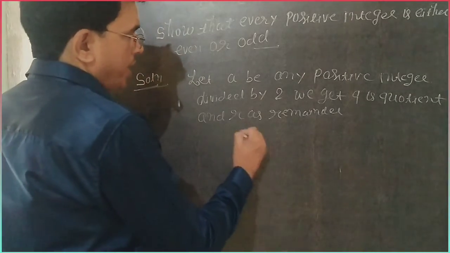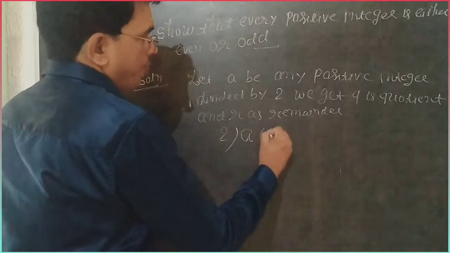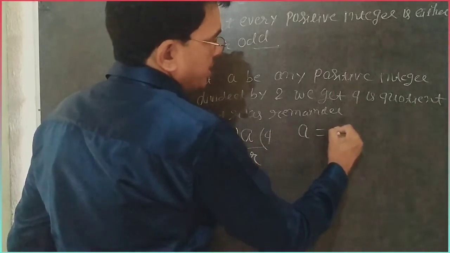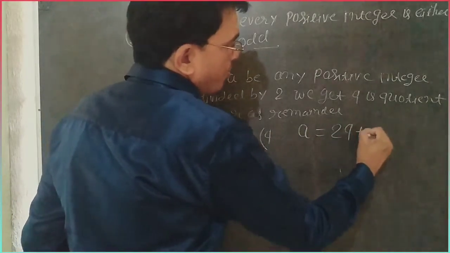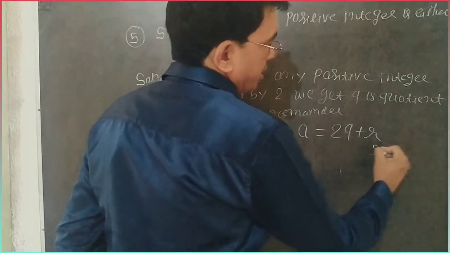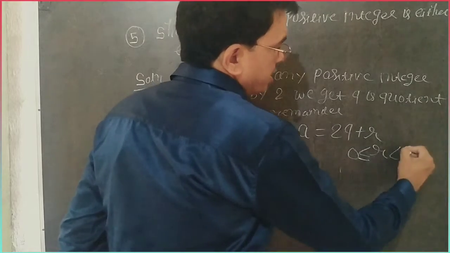So a is divided by 2, we get q as quotient and r as remainder. Hence by Euclid's division lemma, a is equal to 2q plus r, where r is greater than or equal to 0 and less than 2.